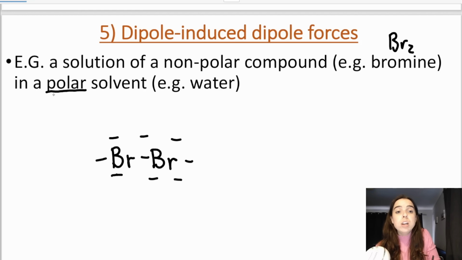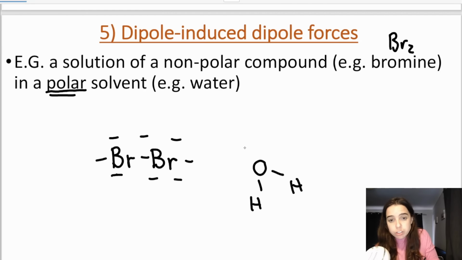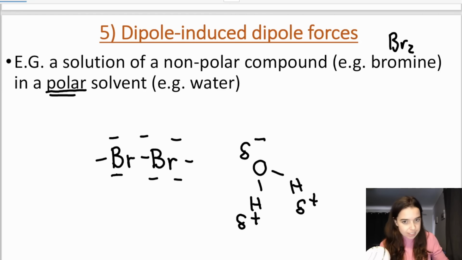But then a polar substance like water comes along. And as you remember, or as you should know, we have the oxygen and the hydrogens like this. The oxygen is partially negative, the hydrogen's partially positive. I've done this in previous videos, why that's the case. As this approaches the bromine, what do you know about negatives and negatives? They repel. So these electrons over here will be repelled from the oxygen side of the molecule, and they'll move here.